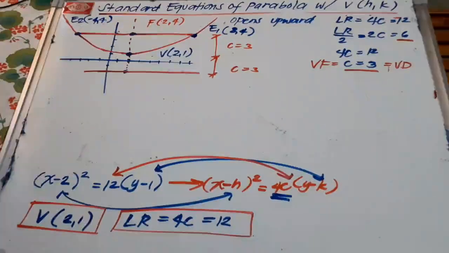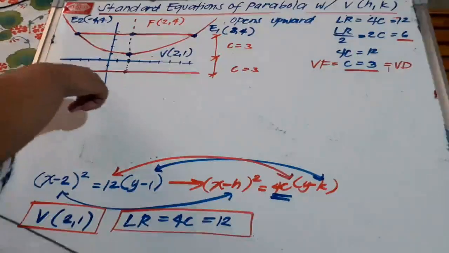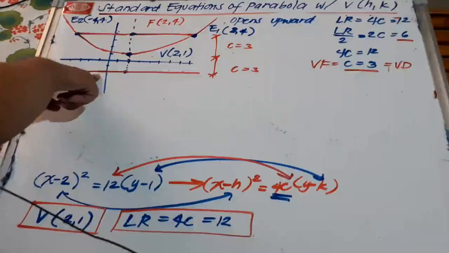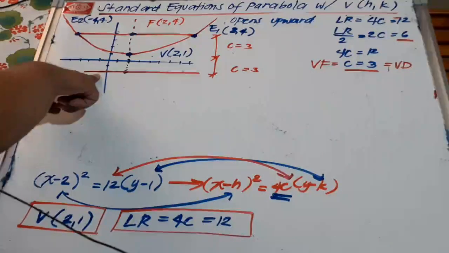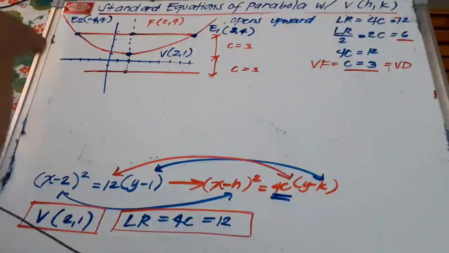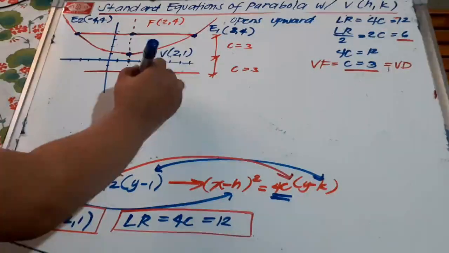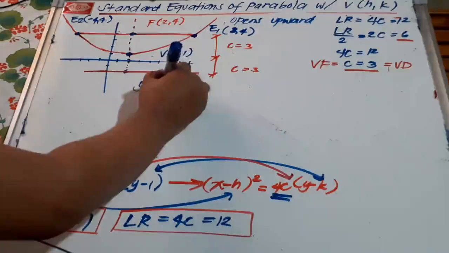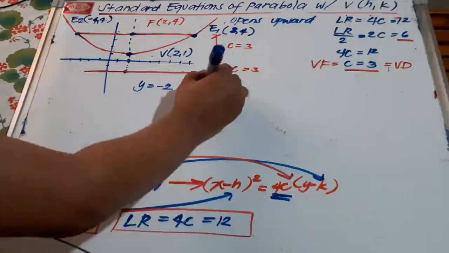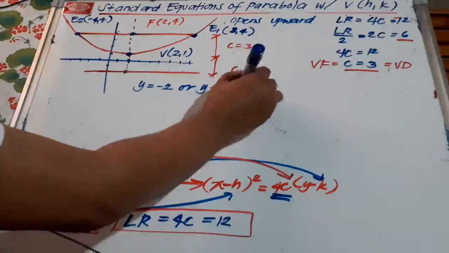Okay. How about the equation of the directrix? So, nandito siya, tumama siya sa negative 2 of the negative y-axis. So, horizontal siya. So, we have the equation of the directrix, y equals negative 2, or that is y plus 2 equals 0.